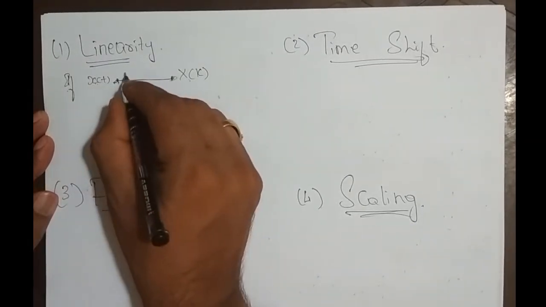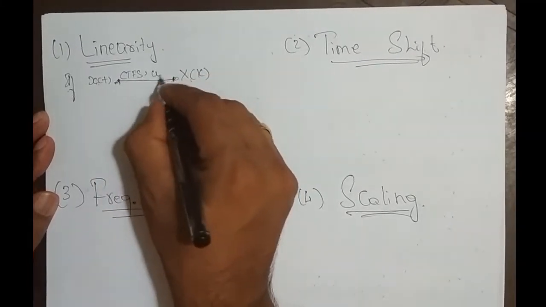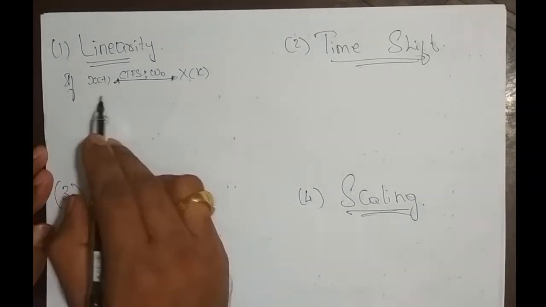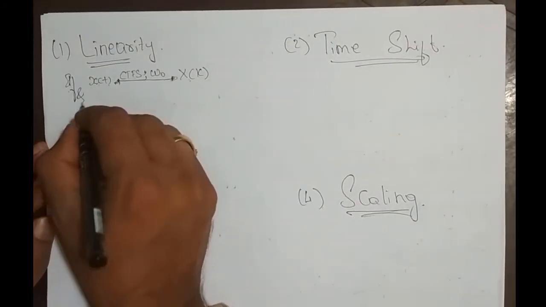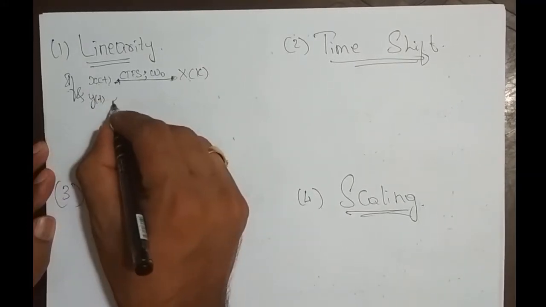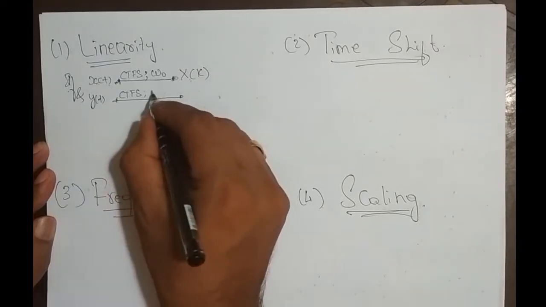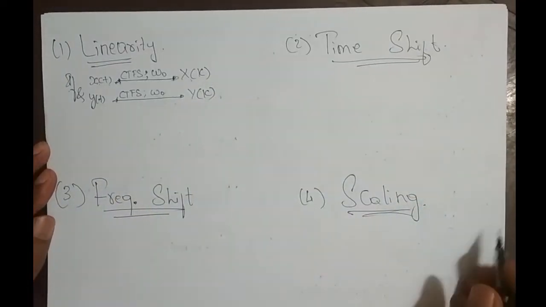So if I take the continuous time Fourier series with fundamental frequency omega naught, these two are Fourier series pairs, right? And I have one more signal y of t, and if I take its continuous time Fourier series with fundamental frequency omega naught, I end up with capital Y of k.